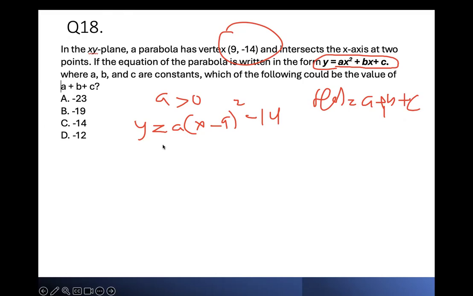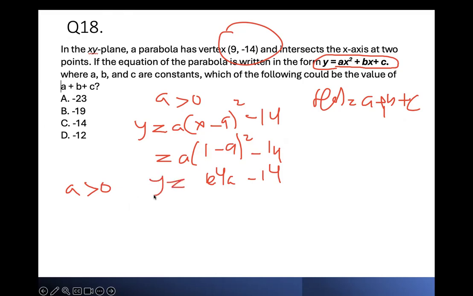If you put f of 1 in that equation, you're going to get a(1 minus 9) squared minus 14. This is going to give you, if you calculate it, 64a minus 14. Now, you're not done yet. We have to satisfy a is greater than 0. So we know the y is being given. These are all our y.